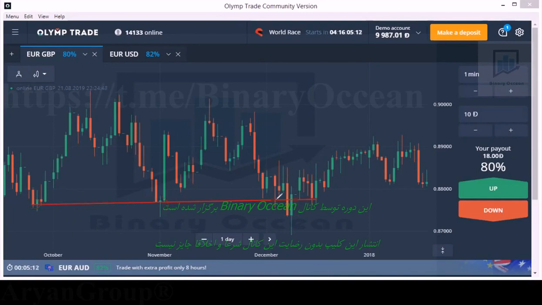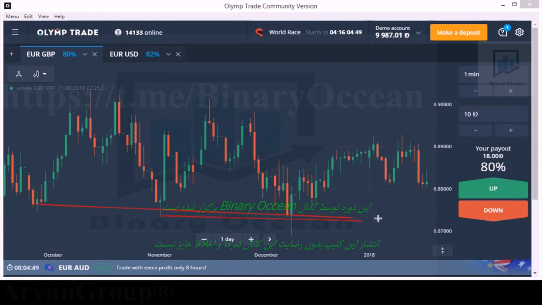So this is not a valid entry point, but here we are seeing the next buyer's entry. So the buyers changed their entry point from this level to this level. So our entry point will be here now. Okay, this is the entry point now.